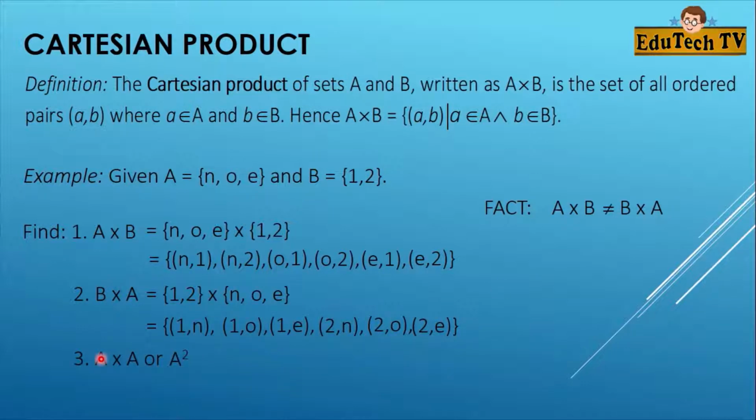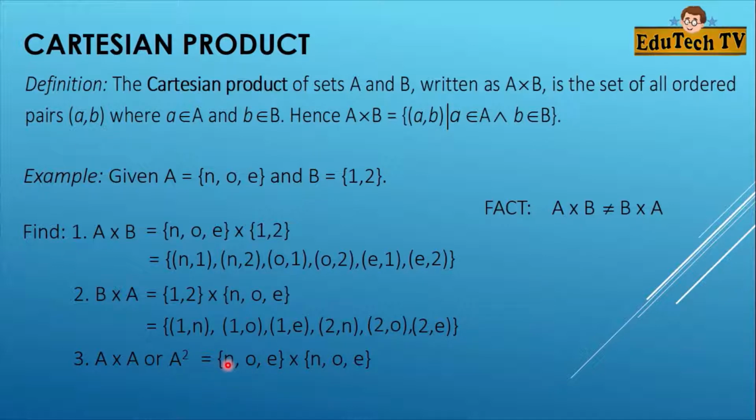Next, how about if we have A times A, or just simply A squared? So meaning we have to multiply A by itself. So again, we have to write the elements of A, N, O, E times N, O, E. So the same process as the previous two examples.